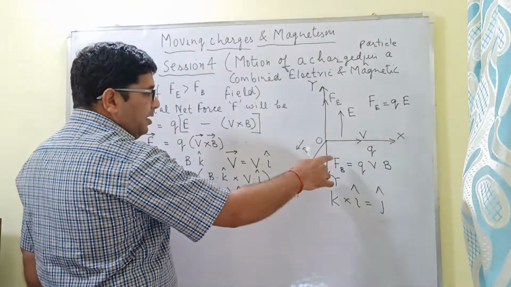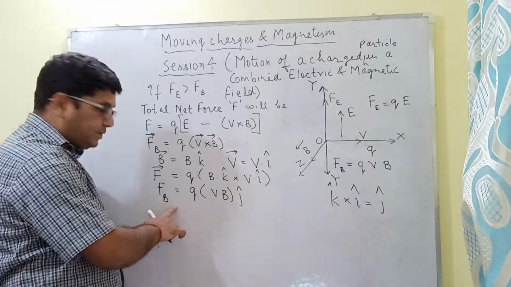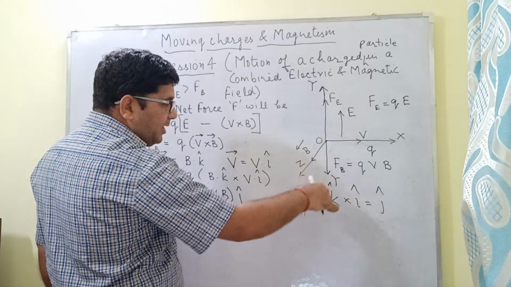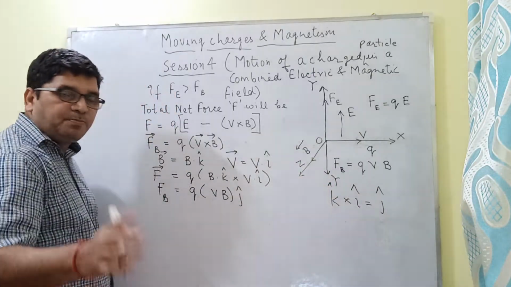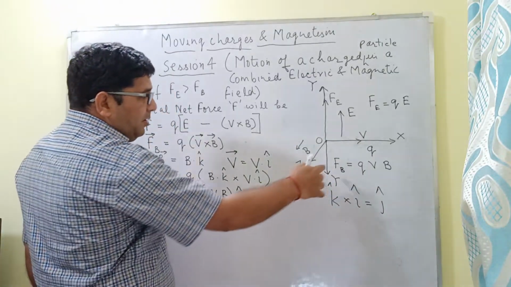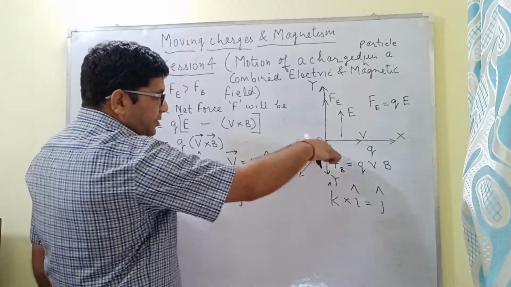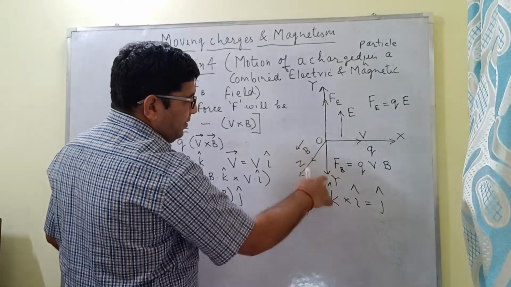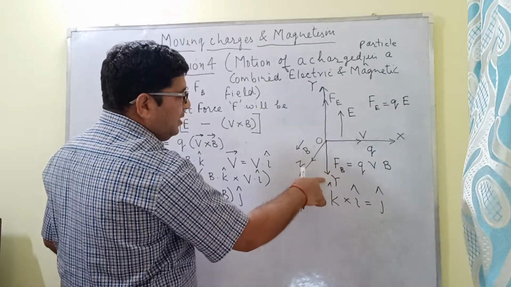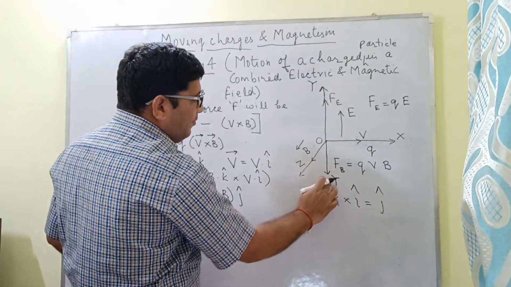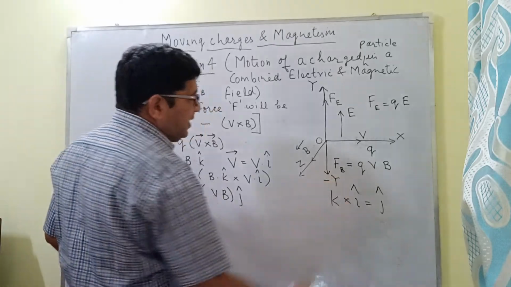So this magnetic force will be acting along the y-axis, and as per the right hand thumb rule, this force will be directed downwards. That's why I have written it here. I have just mentioned this FB in the downward direction, that is along the minus y axis.